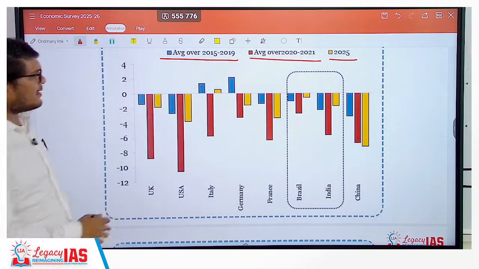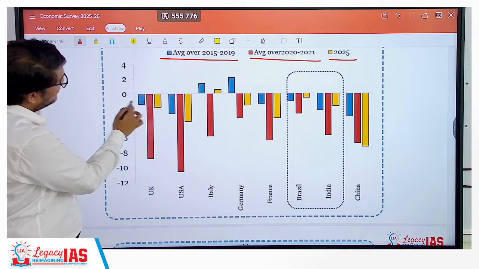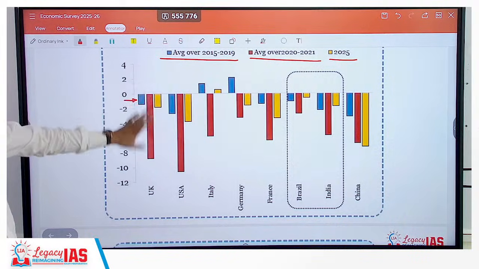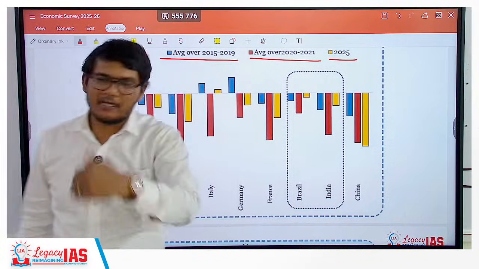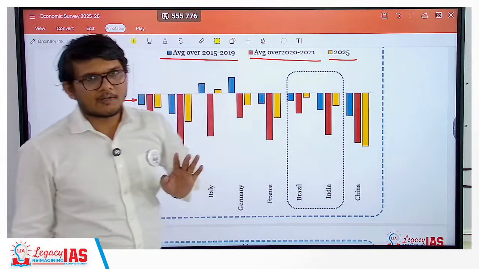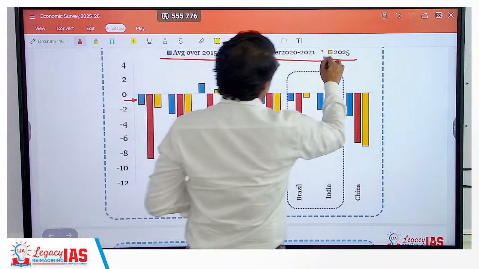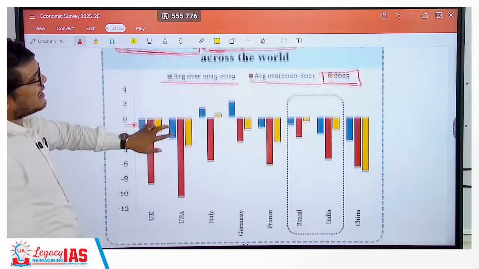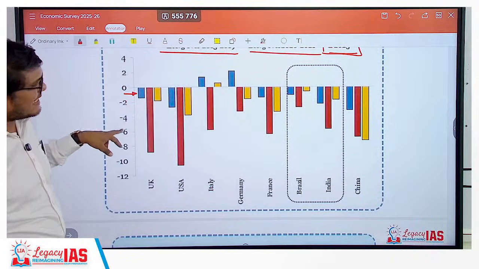So you can clearly see pre-pandemic it was less. During the pandemic, of course, the trade volume and everything had declined, which is clearly visible, but this is an outlier. But even if we consider the very recent one, here also what has happened is the balance has gone in the negative.